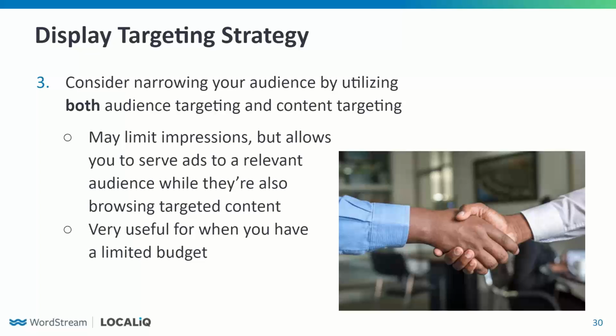Utilizing both audience targeting as well as content targeting has the potential to limit your impressions depending on how restrictive you've gotten, but it does allow you to serve ads to an incredibly relevant audience, since it's both users who've displayed different signals that you're intentionally trying to target, while also browsing content that you've specifically selected to target as well. So again, this is very useful for when you are trying to hone in on a very particular audience, and also when you have a limited budget and want to ensure that you're hitting the best qualified audience.